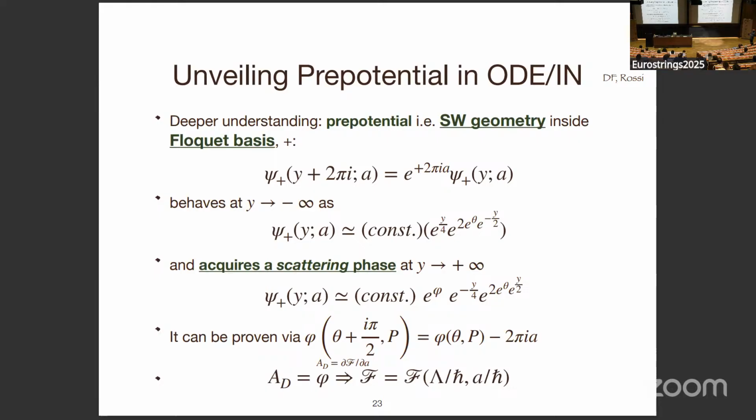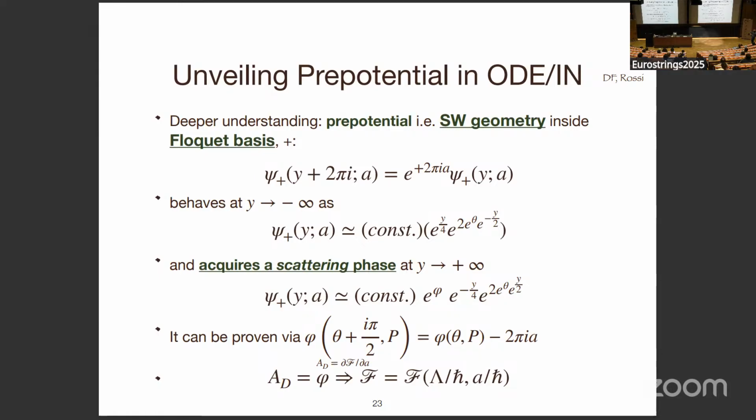Another more instructive way is to look at new objects here. I'm introducing now the ODE/instanton correspondence, the Floquet basis. The Floquet basis is somehow new in the integrability world. In the Floquet transform, in this way, under a period, okay, you can ask what happens if I go the same way but from minus infinity to plus infinity.